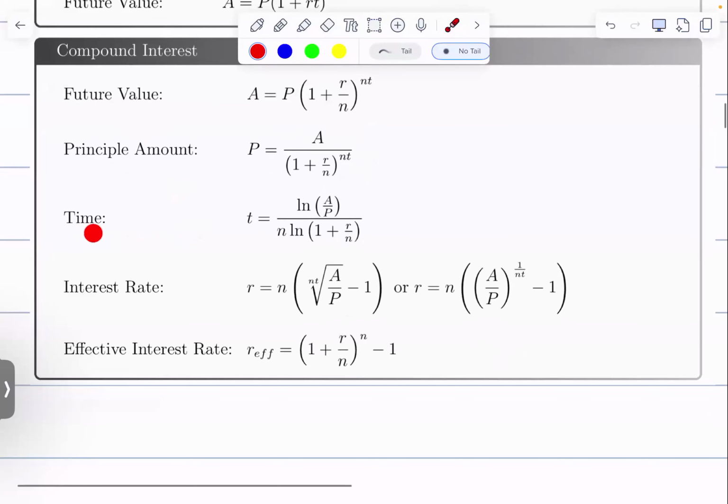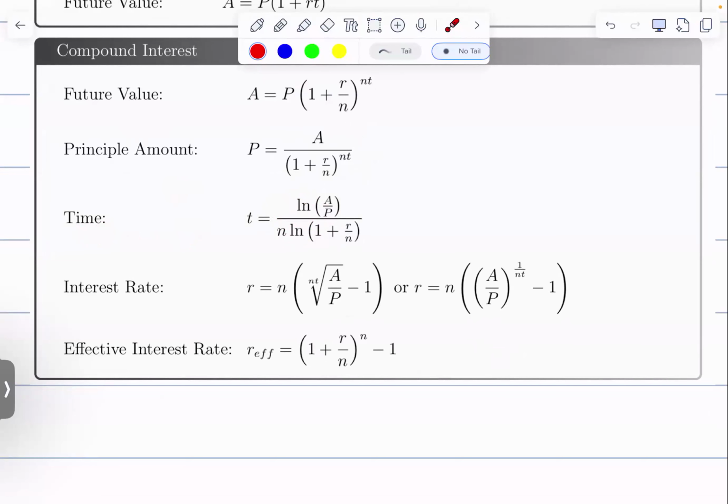Or we also looked at solving for time. We use the natural log because all scientific calculators have an LN button. So make sure you practice with the LN button, but besides that, you don't really need to know about logs in order to use the LN button.